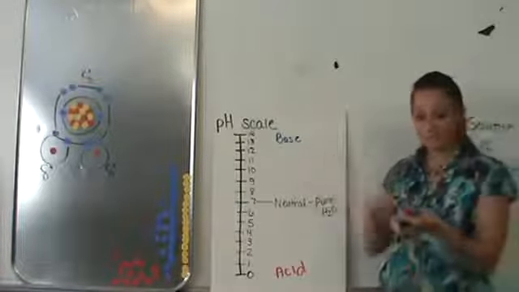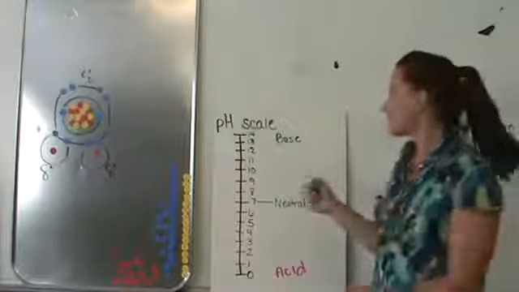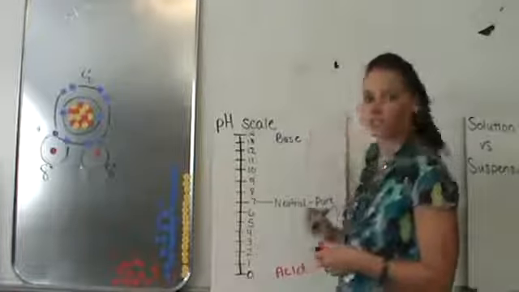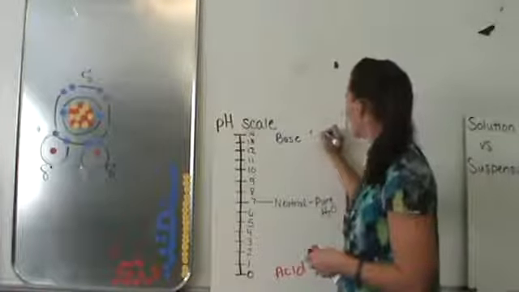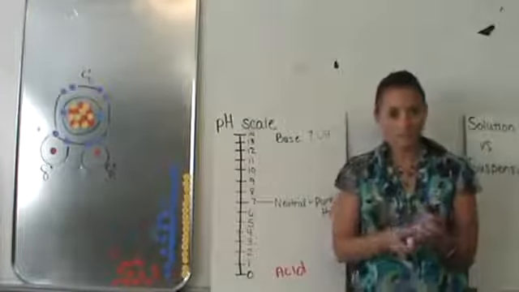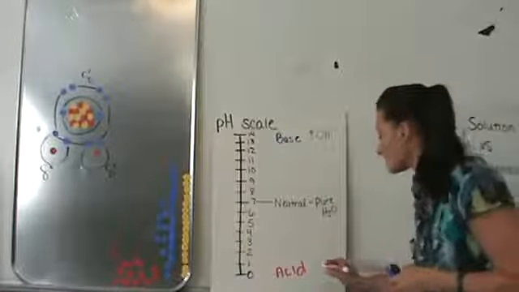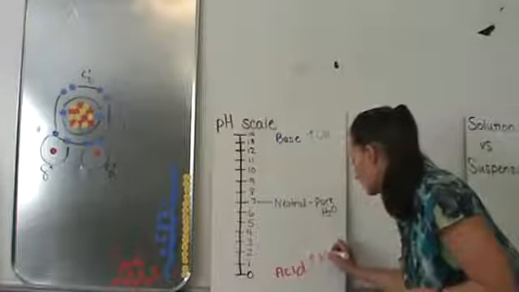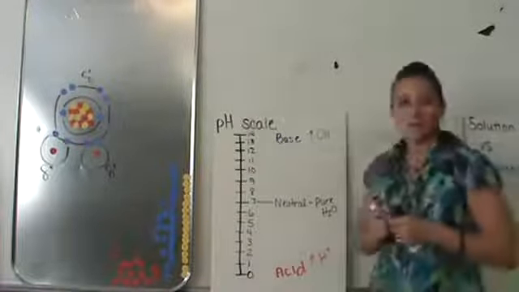Now, if something is basic, it means that it has a higher concentration of OH minus ions, okay? If something is acidic, it means it has a higher concentration of H plus ions.